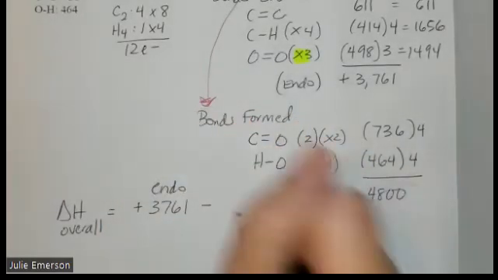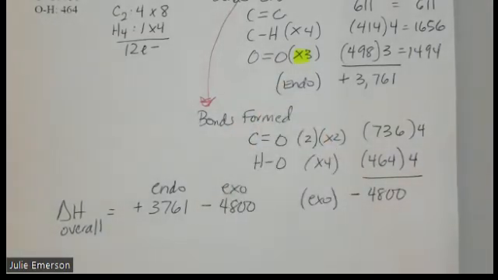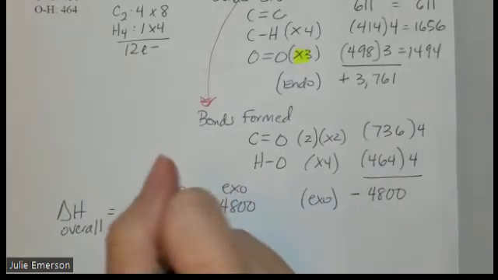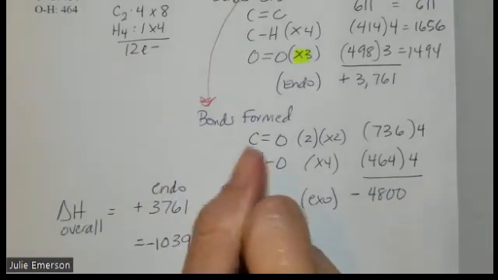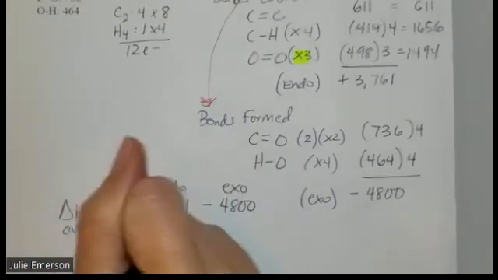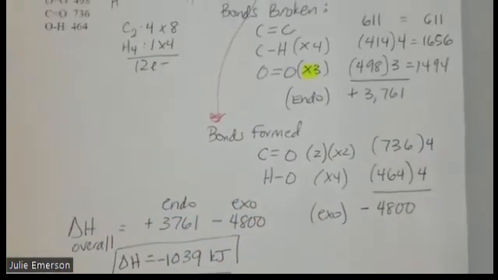But then I get out 4,800 with the release of energy from the formation of new bonds. So when I take that difference, I get a negative 1039 kilojoules. So that would be my net delta H for the reaction, negative 1039 kilojoules.